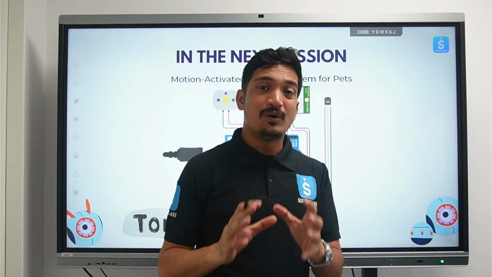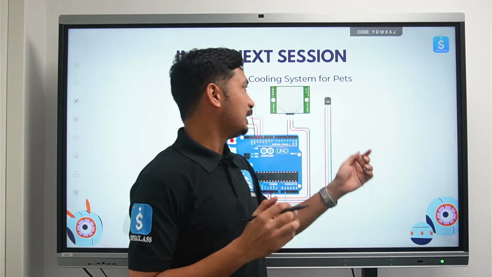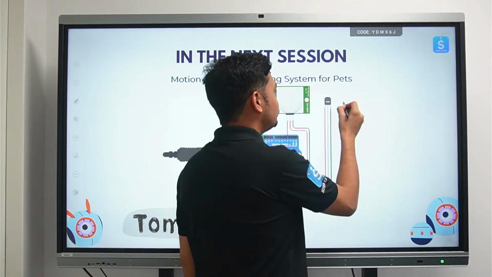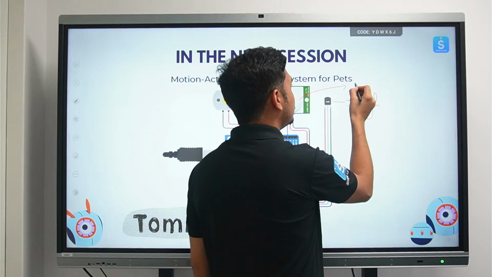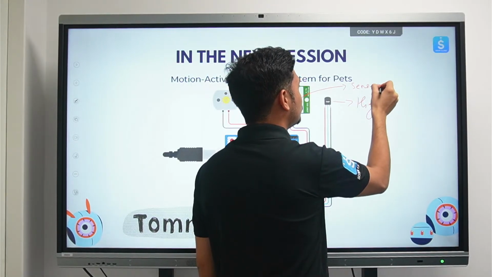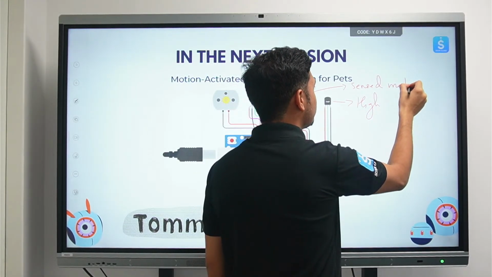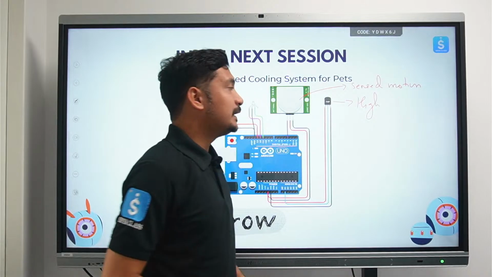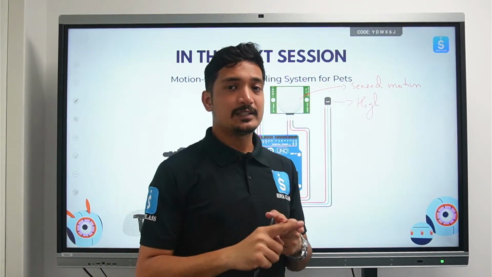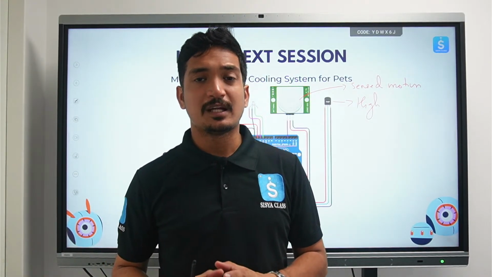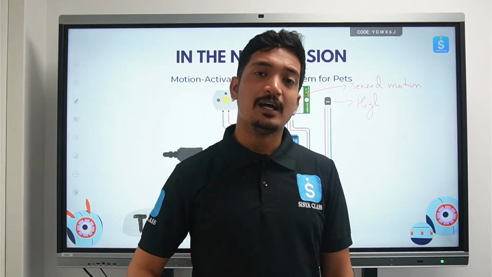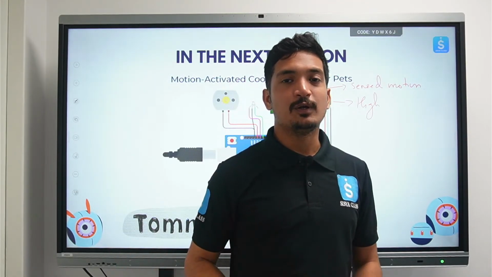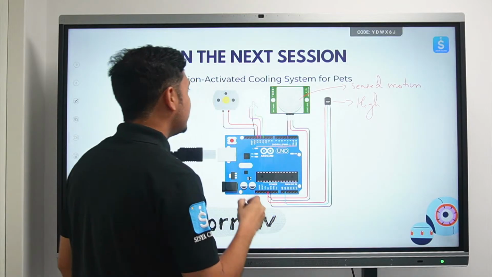Okay, now let's assume that the temperature is high and the motion is sensed. It means that the pet is present and the temperature is high. So what we will do is, first of all, make an indication in this LED.